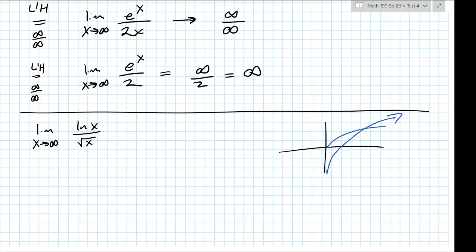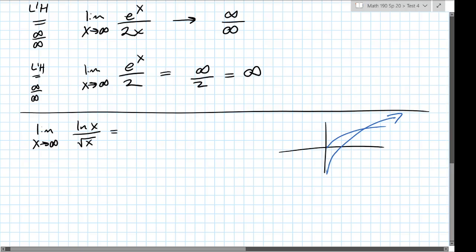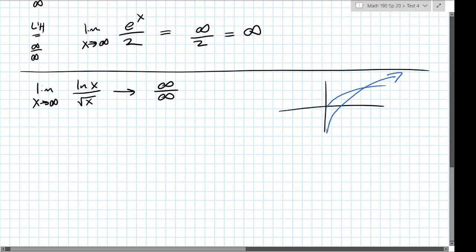So both functions are increasing to the right, so we have a limit that's infinity over infinity. Since this is indeterminate form of this type, we may use L'Hopital's rule, and the derivative of the top is 1 over x.